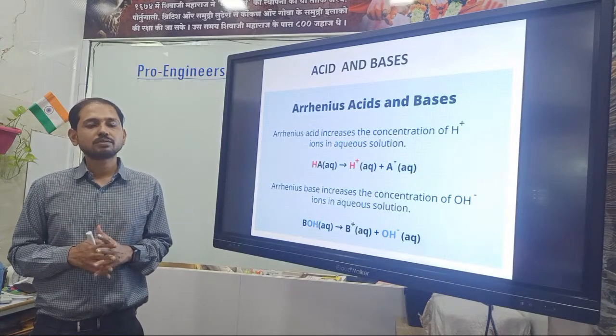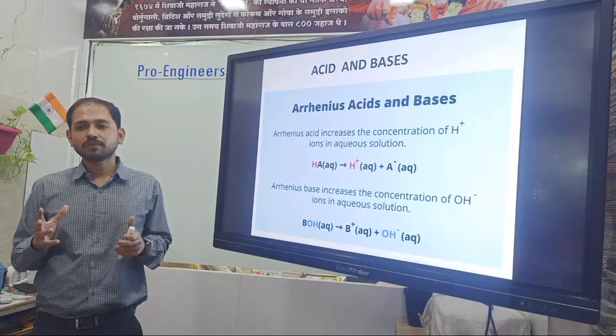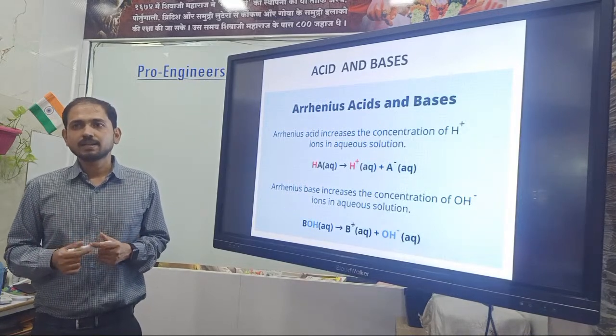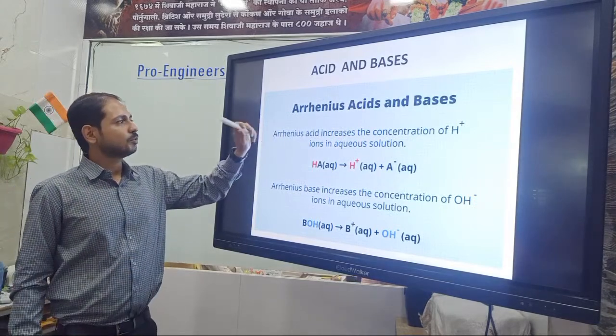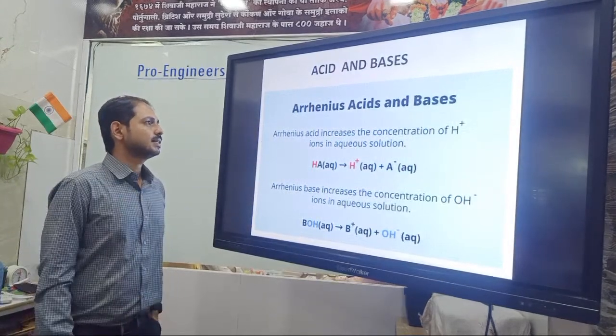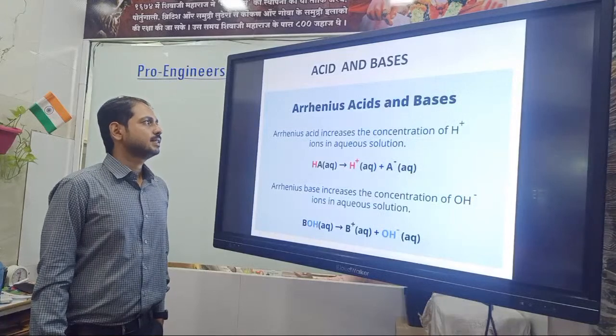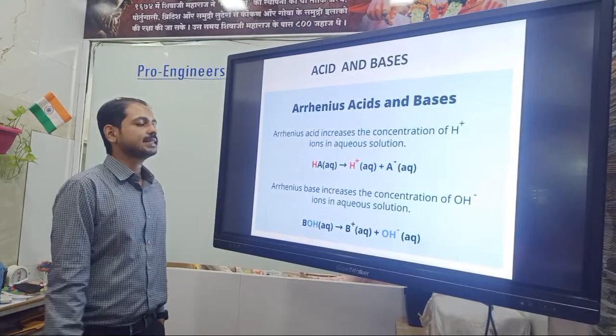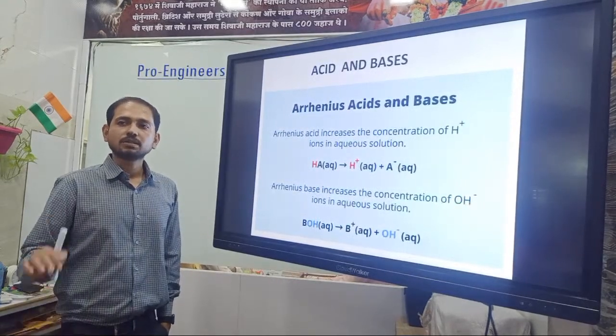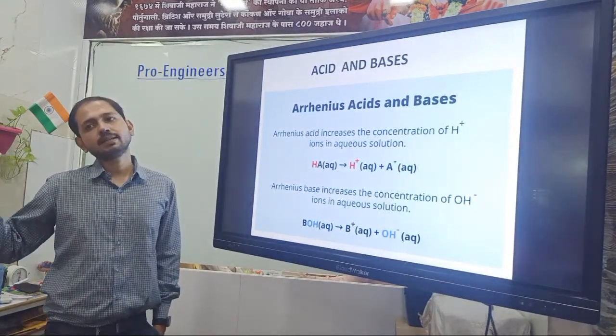Now we need to study the different types of acids and bases. The first concept we are going to study is the Arrhenius concept of acids and bases. We already studied this concept in the 8th standard.